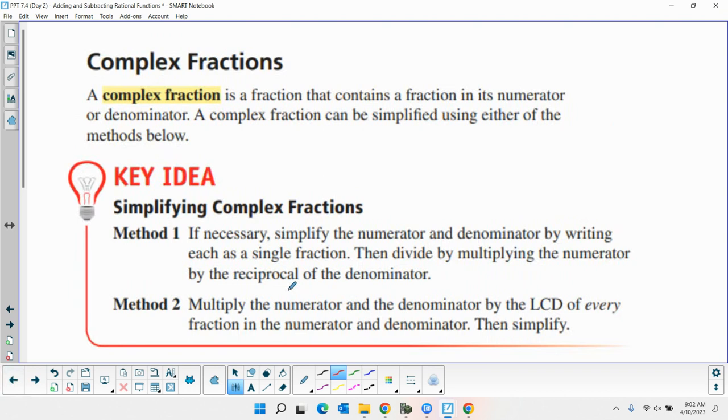So it's like a fraction divided by a fraction, basically. All right, so it says, if necessary, simplify numerator and denominator by writing each as a single fraction, then divide by multiplying by the reciprocal. Or you can multiply the numerator and the denominator by the least common denominator of every fraction in the numerator and denominator, and then simplify it.